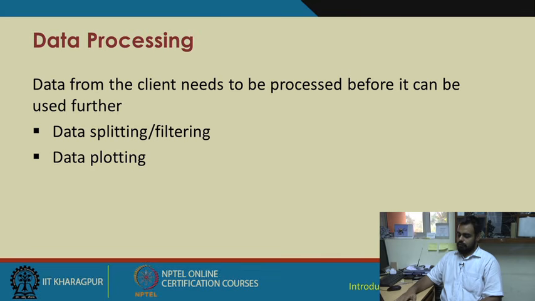Suppose you have 5 to 6 sensors connected to a single node, and these data are routinely updated to a server, but you only need to access the temperature value. For this to happen, you need to split your data at the data log. And once this data has been split and individual data can be accessed, we can go about plotting this data.